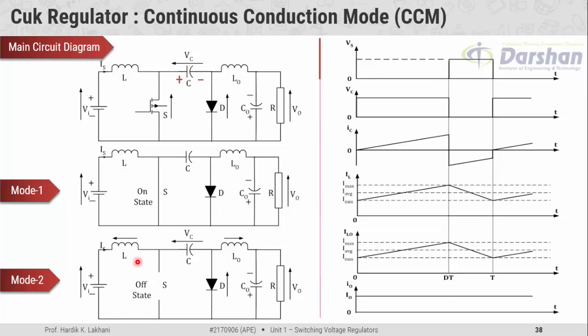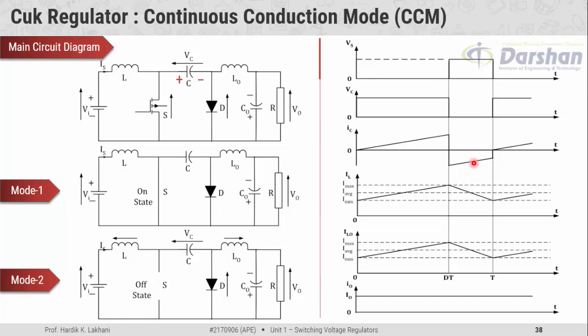As the inductors release their energy in the second interval, the current through the inductors L and L0 gradually decreases from the maximum value towards the minimum value. And in the second interval, the current through the capacitor is similar to the inductor current IL, but this time the direction of the capacitor current is reversed compared to the first interval. So here you can see that IC is equal to IL, but in the reverse manner.